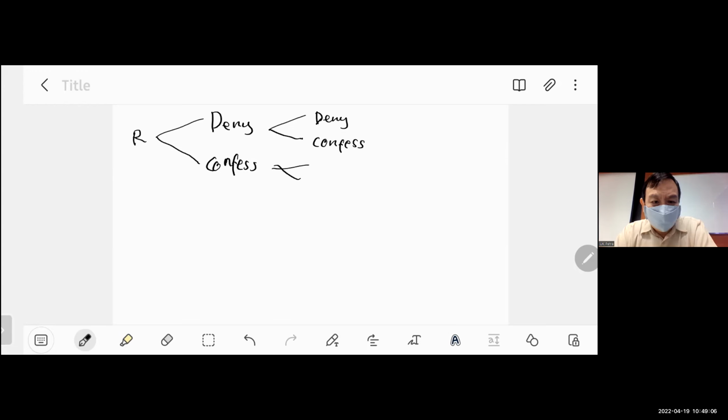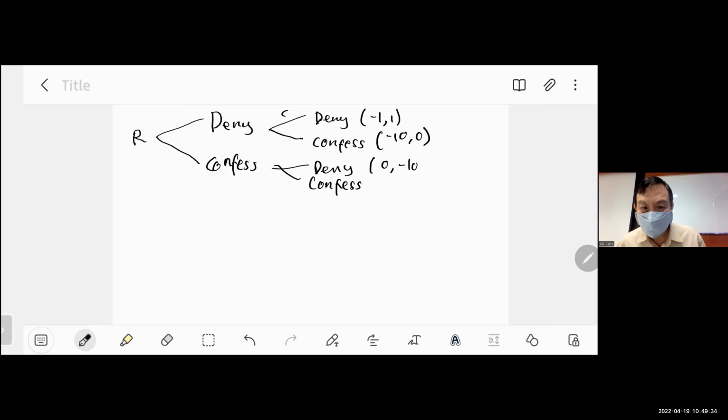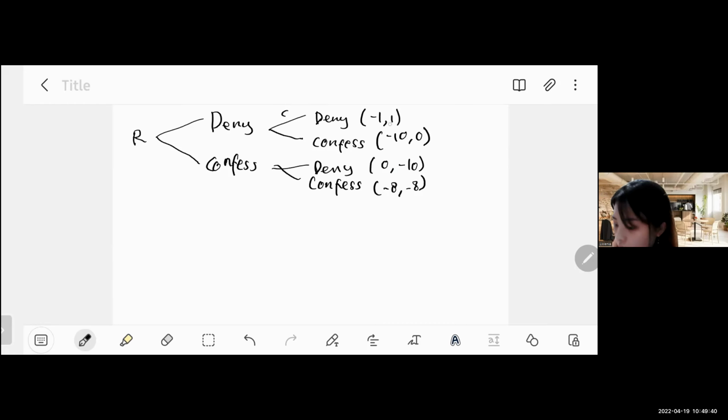This one is for the column. Yeah, and then put the numbers. So -1, -1. This one, 99 is negative. Deny confess, and then confess deny. Deny confess is -10, yeah. The first one is -1, -1. Okay.